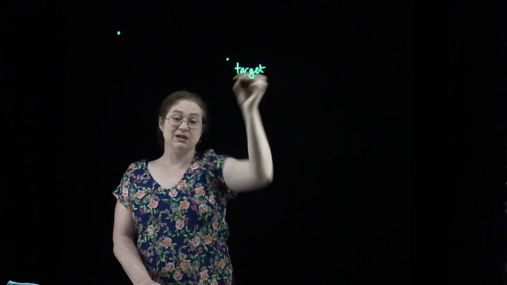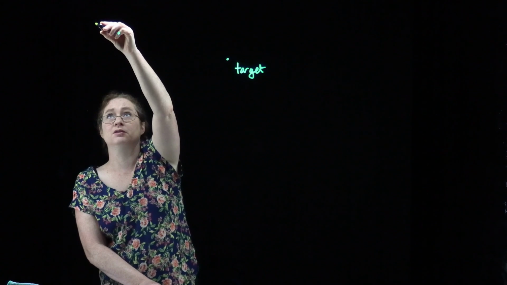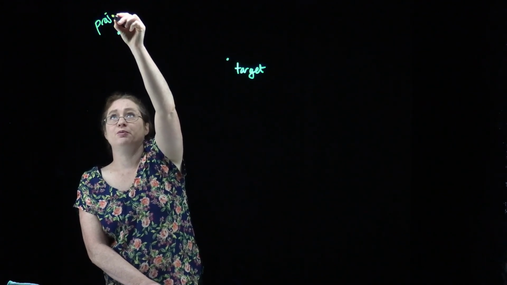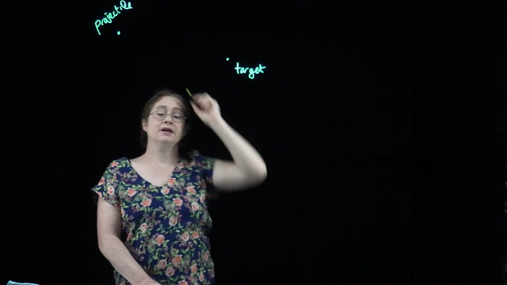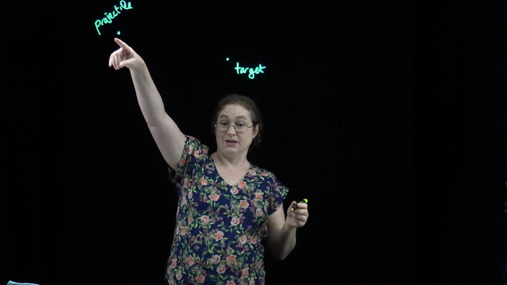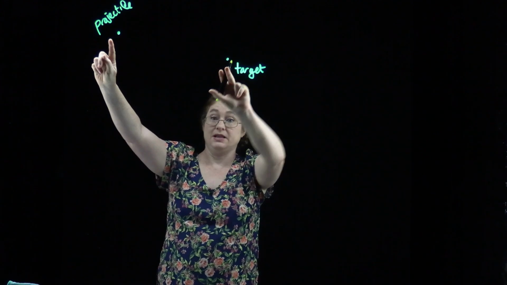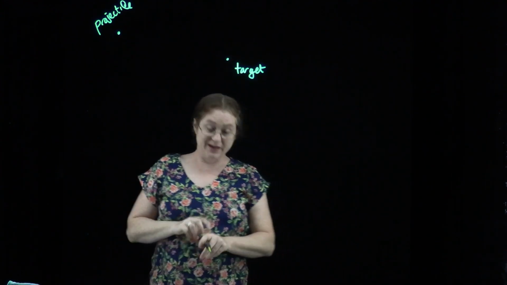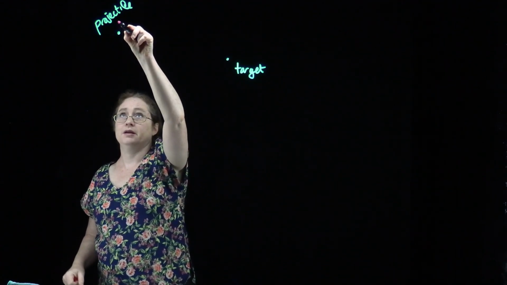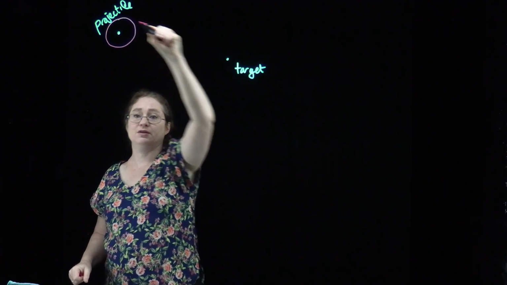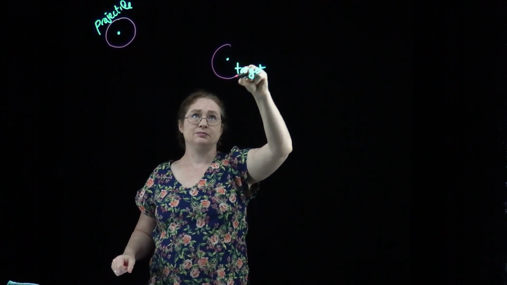Now, strictly speaking, you don't have to have one of them at rest. Here we're going to have our projectile. And this is either the target and the projectile themselves, or if they're extended objects, it may be the center of mass of the target and the projectile.